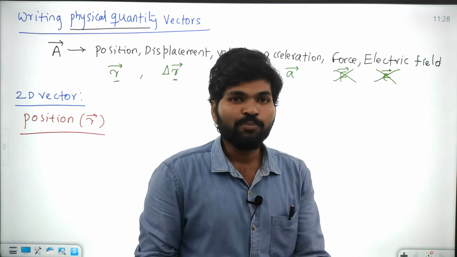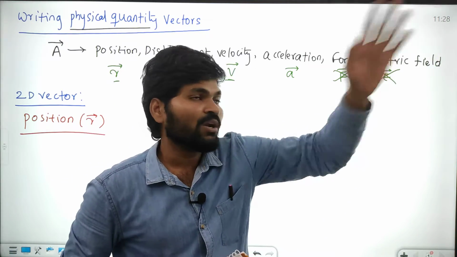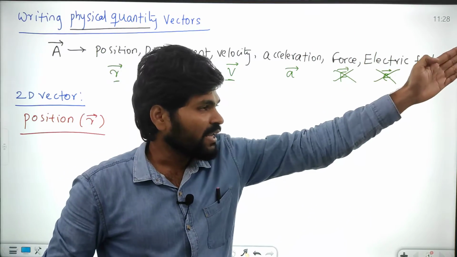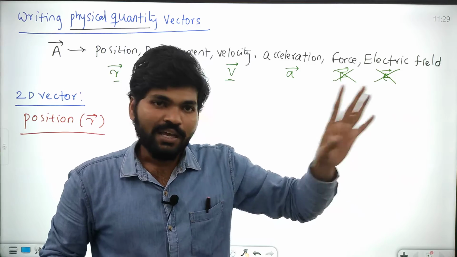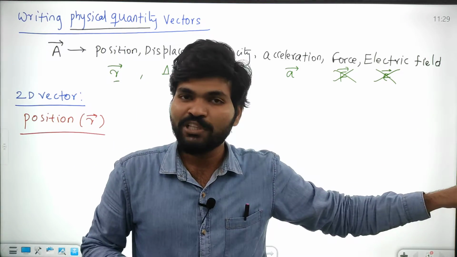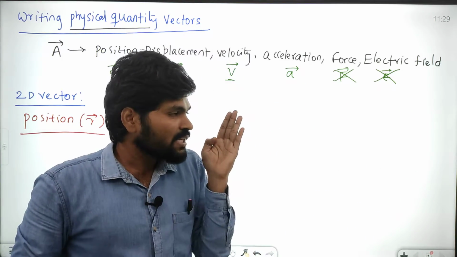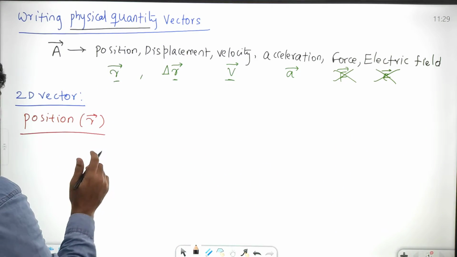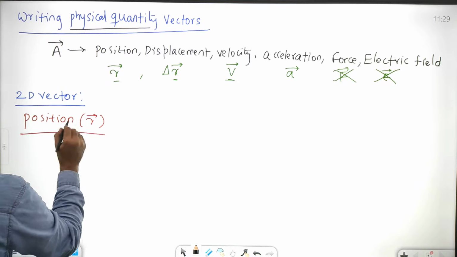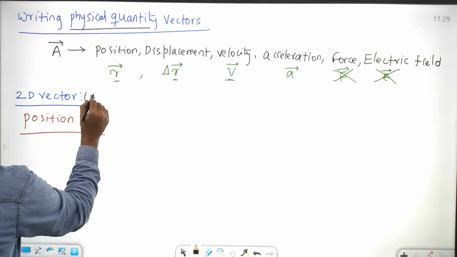Sir, position is like an arrow mark? No. An arrow mark is a representation of the vector. An arrow mark is not a position. An arrow mark represents a vector. That's it. Take the xy plane, since we are writing in 2 dimension, and 2 dimension is nothing but xy.